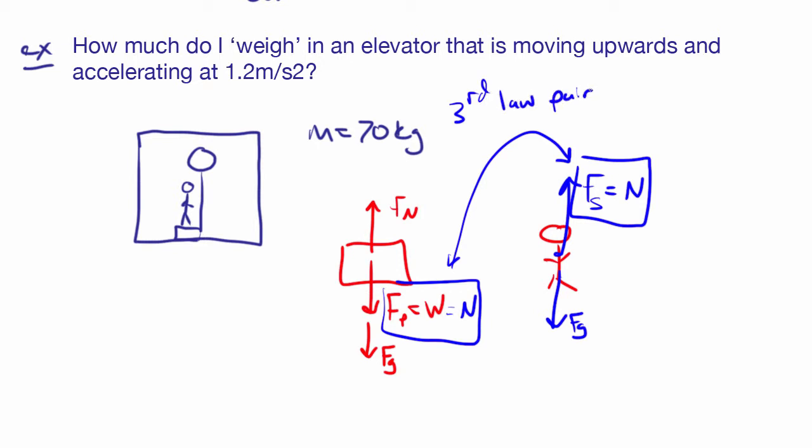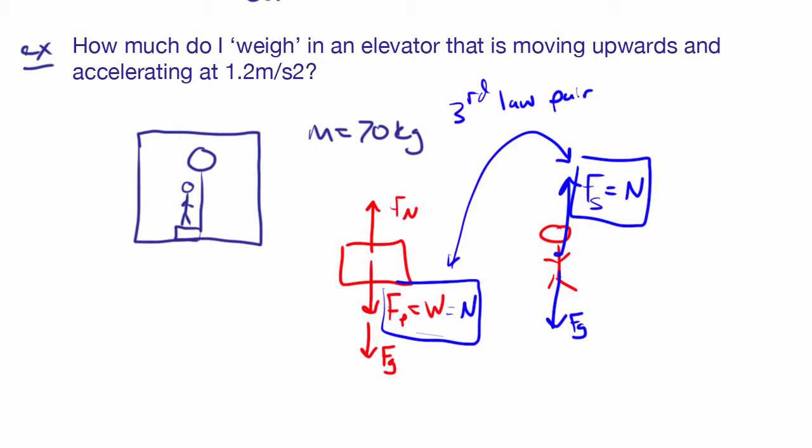What Newton's law says is that in order to figure out what the scale reads, this problem becomes a little more complicated. I've got to think about the scale because this normal force, this force due to the person, is the thing the scale reads.